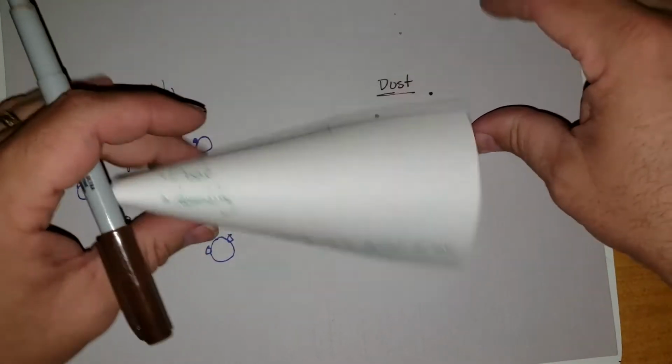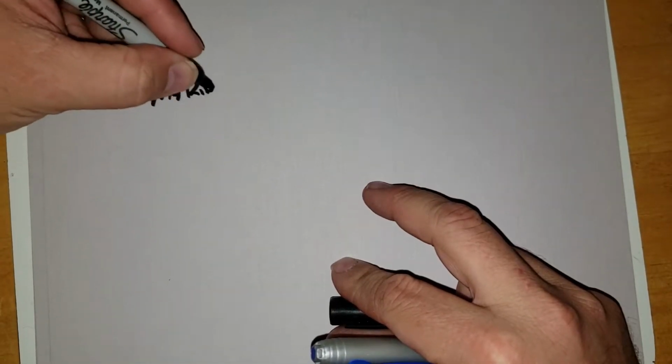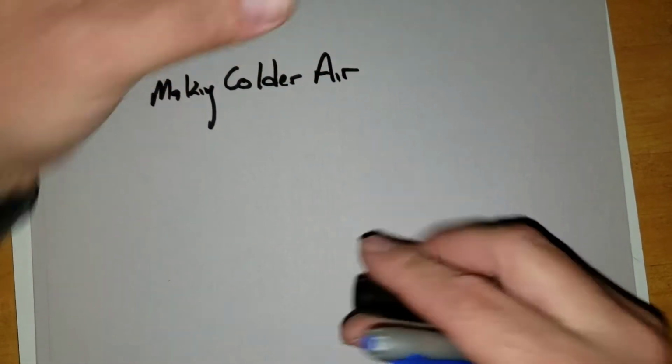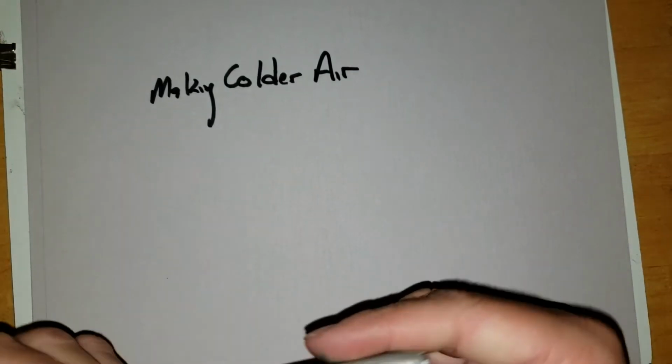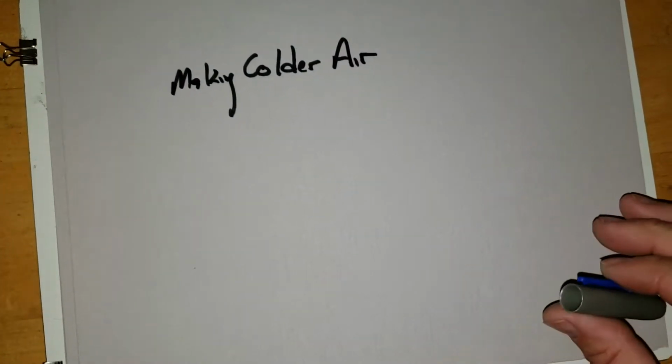Well, there are a few ways that we can make air colder. The first thing that we could do is take the air right where it is and make it colder, right? When the sun goes away, that makes things colder.